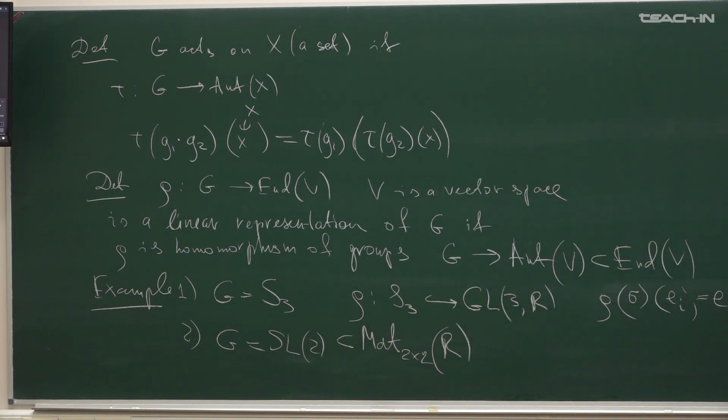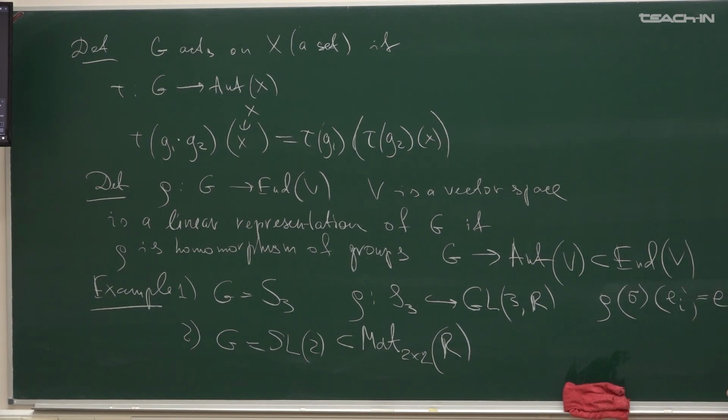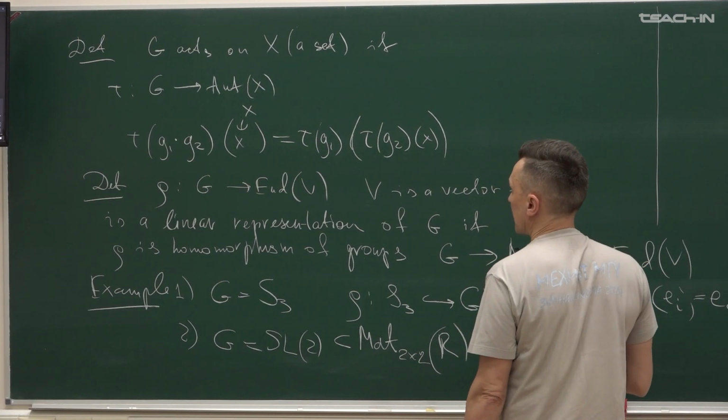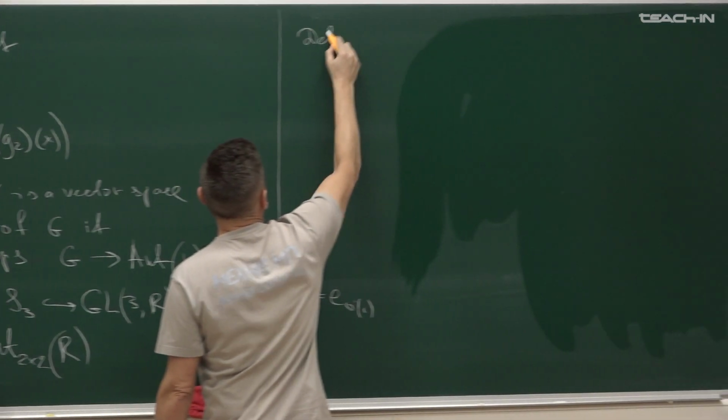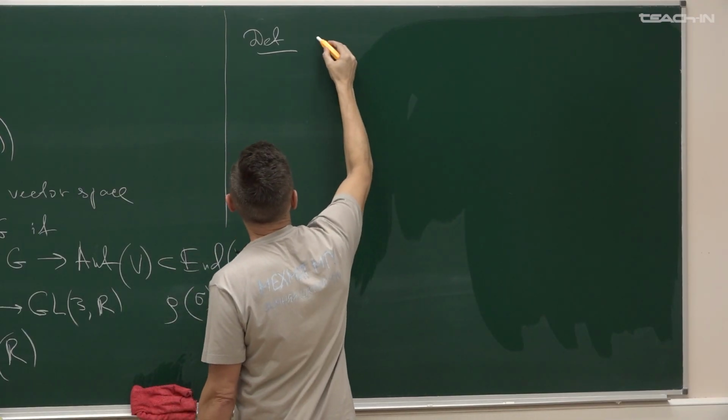Okay. So what is meant as an action of the Lie algebra? Let us say firstly about the linear representation.